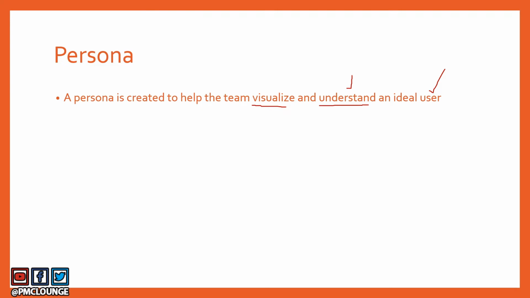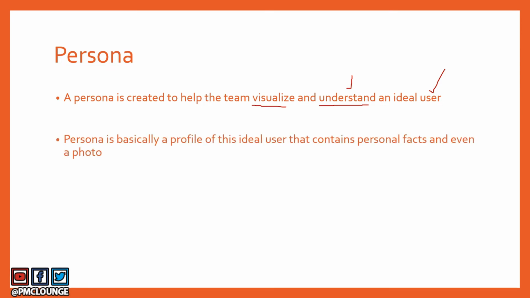Now, the second thing is how do you actually create a persona? That's something that we are going to look at later in this video itself. So persona is basically a profile. You're not really drawing a person up, you're creating a profile of that person. That person, of course, is the ideal user, and this profile is going to contain personal facts, and it can even contain a photo of an ideal user.